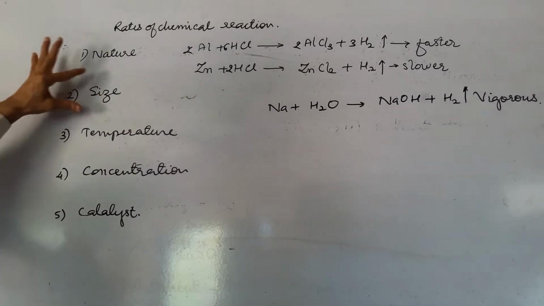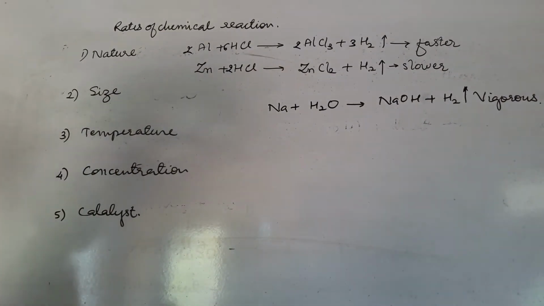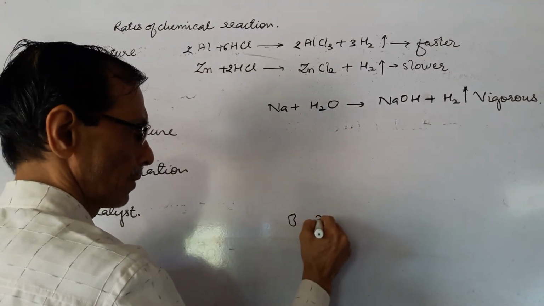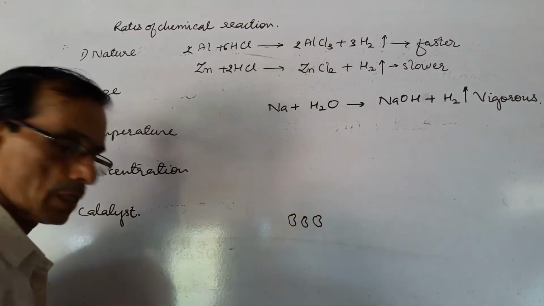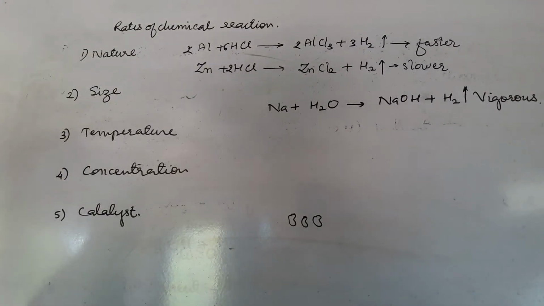At the same time, the size. If we take powdered sugar and big pieces of sugar, and put them in water and try to dissolve them, you'll find the powdered sugar dissolves first, and then the big pieces. If you take big pieces of any substance, the reaction will take place slowly. But if you take the powder, the reaction will take place faster.